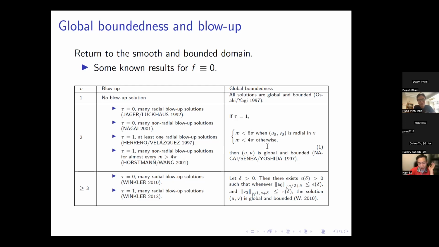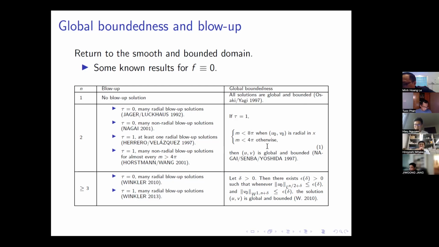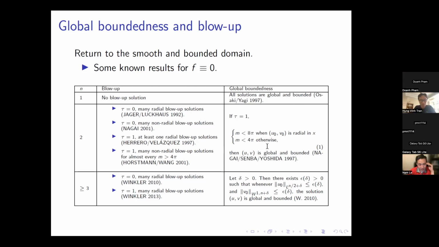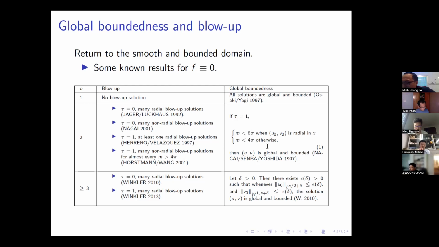Can I have also one follow-up question? Yes. So in the work of Herrero and Velázquez, they construct one radial blow-up solution. Did anyone try to compute the mass? How big was the mass in their solution? For that paper, they haven't shown that 4 pi is the critical mass.